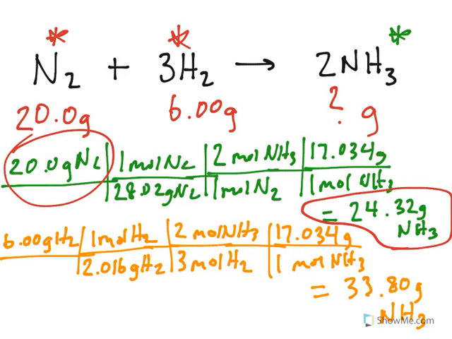Since this nitrogen could only produce this 24 grams, there's no way we could have produced a 25th or a 33rd gram down here because we ran out of nitrogen. So what we've just discovered is two things at one time. Nitrogen is our limiting reactant, and as a result of that, you can only produce 24.32 grams of NH3.